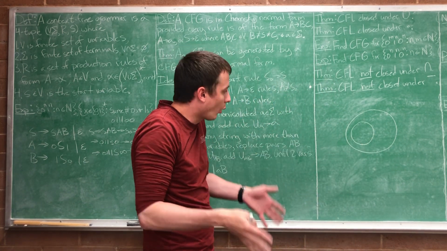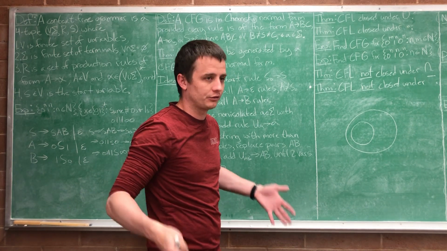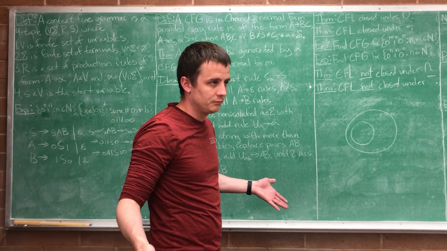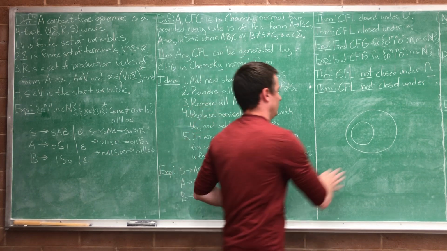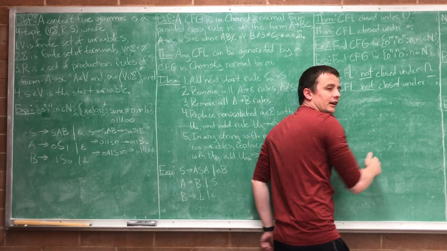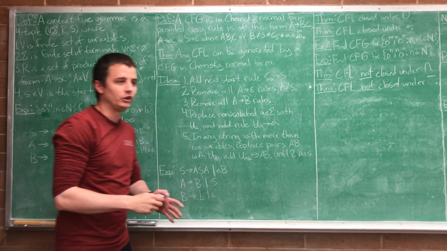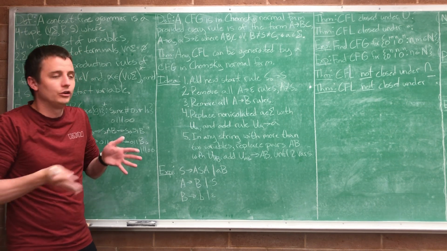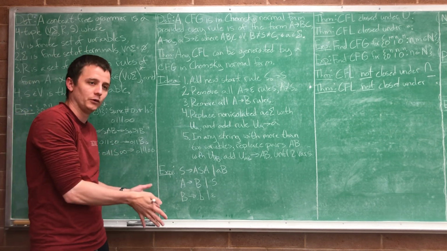So a Chomsky normal form grammar is still a context-free grammar, and we just rework it in a particular form. It's kind of like converting an NFA to a DFA. You can convert any context-free grammar to one that's in Chomsky normal form.